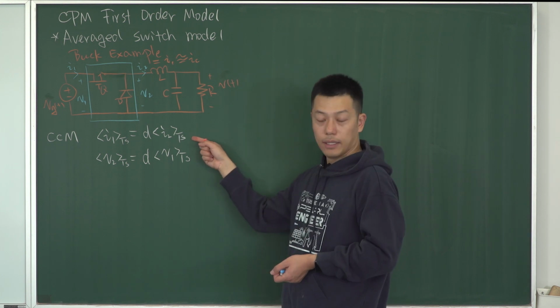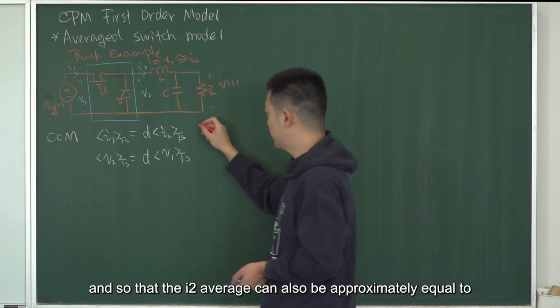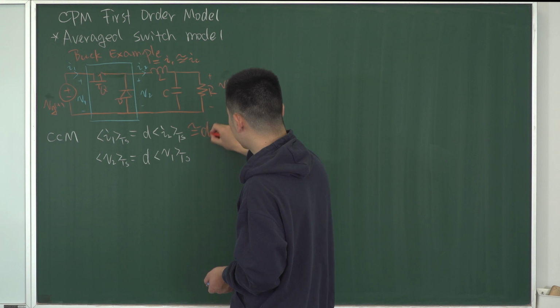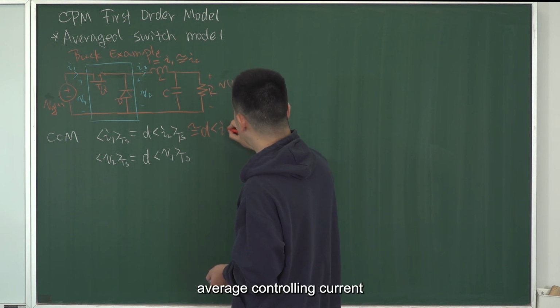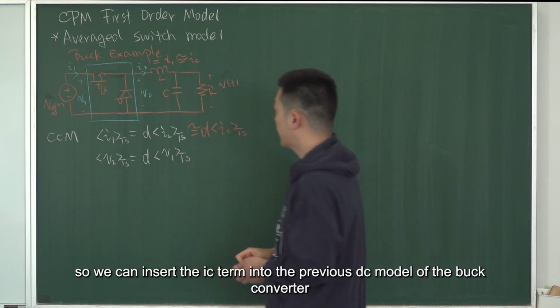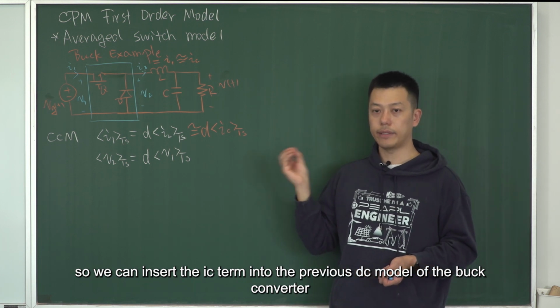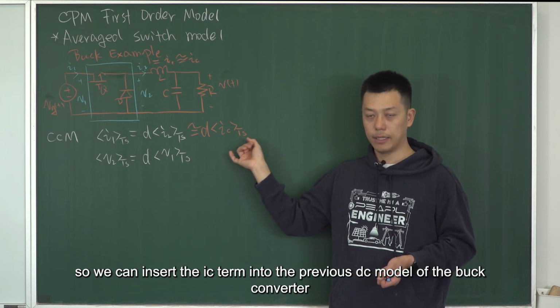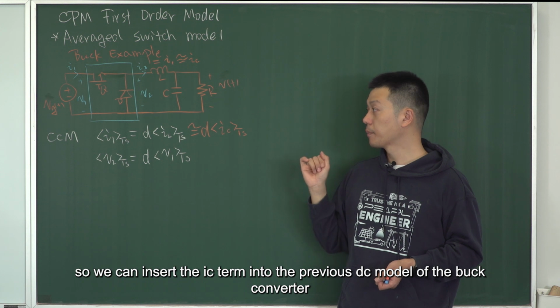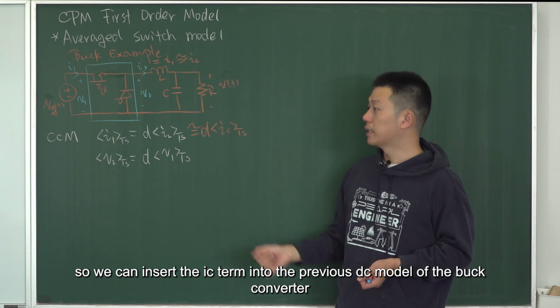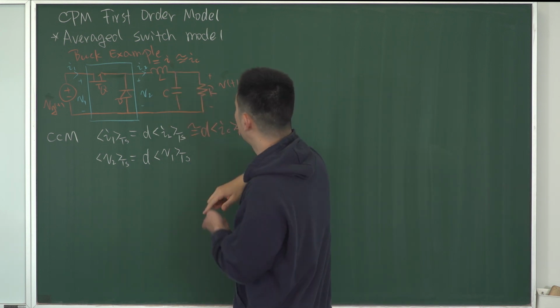So that the I2 average can also be approximately equal to average controlling current. So we can insert the IC term into the previous DC model of the buck converter.